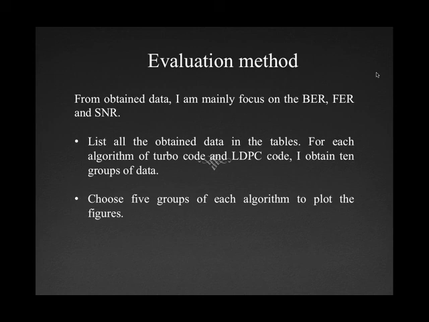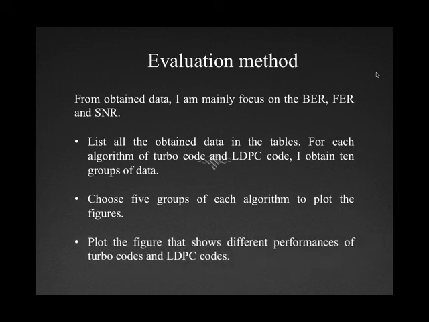The numbers of iterations of the chosen groups are 1, 3, 5, 7, and 9. At last, I plot the figure that shows different performances of Turbo code and LDPC code.